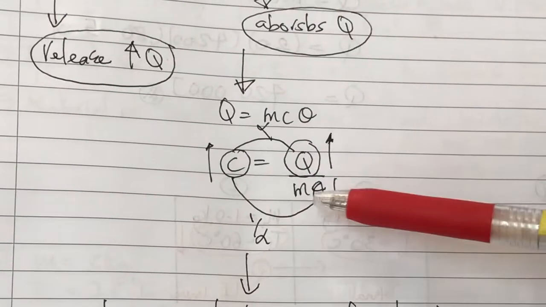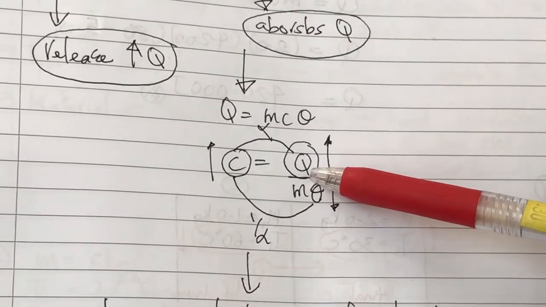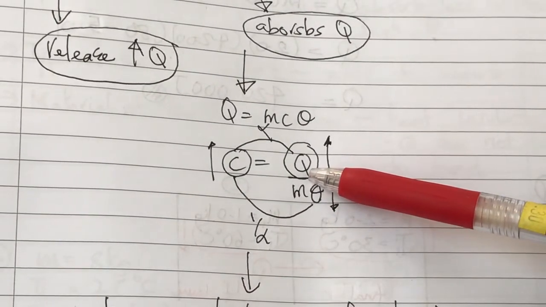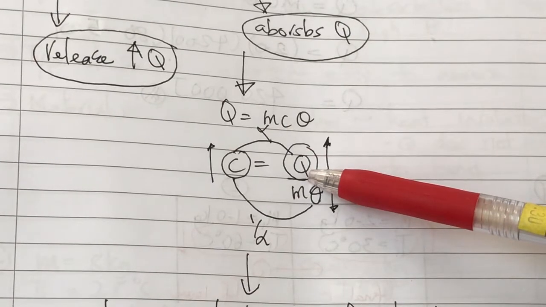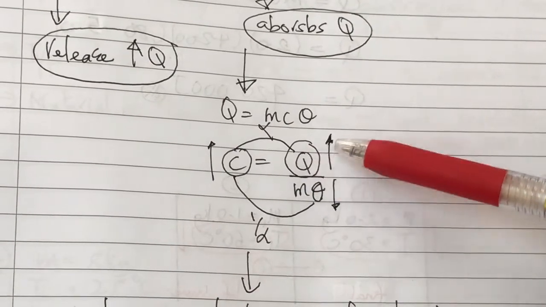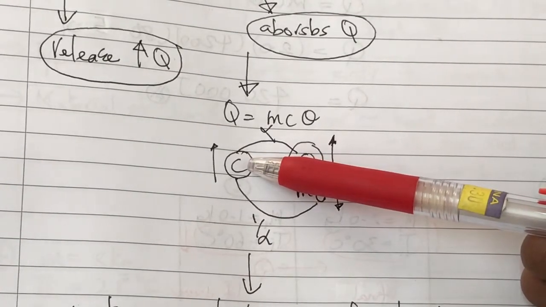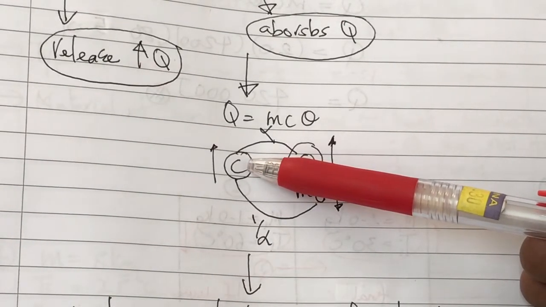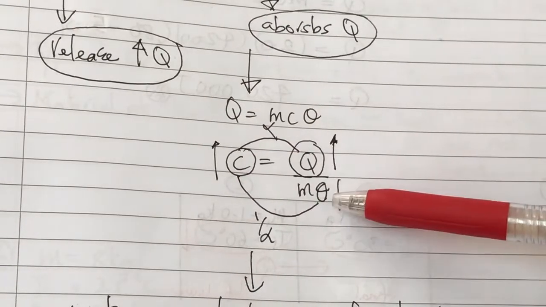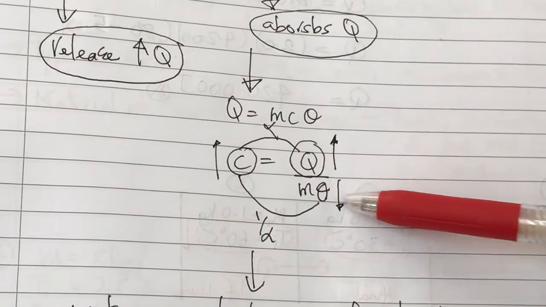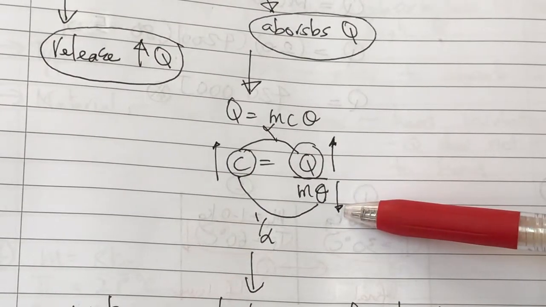So in order to absorb a lot of heat from that car engine, for the heat to be high, the value of c must be high. At the same time, the substance that absorbs the heat must have a small rise in temperature. The change in temperature must be small.